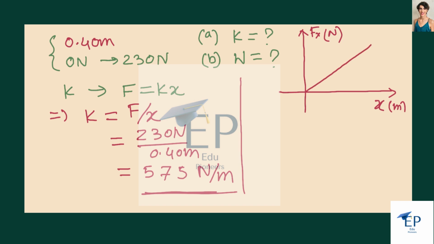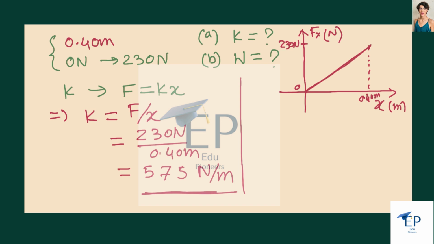This is 230 Newton, and this is 0, and this is 0.40 meter, because the question says that the force increases from 0 to 230 Newton between 0 meter and 0.4 meter. So that is just a straight line.